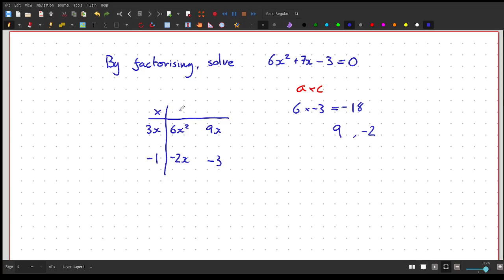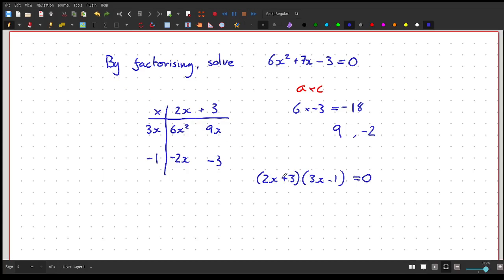On the top I can see a factor of 2x, and here a factor of just 3. So I can rewrite this as 2x plus 3 times 3x minus 1, and that equals 0.